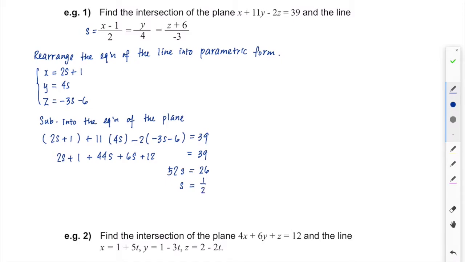Okay. So in this case, we know that there is one unique parameter that will make the line and the plane cross, basically. So we can find that point of intersection by substituting s into the parametric equation then.